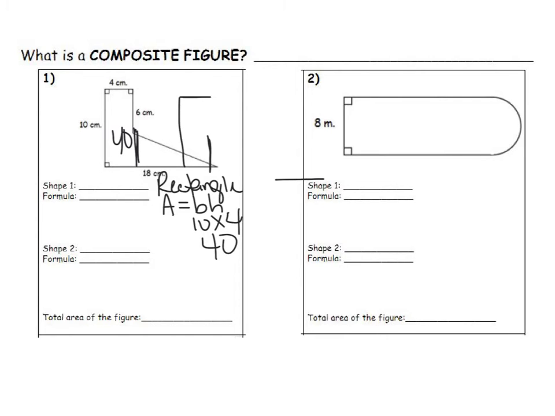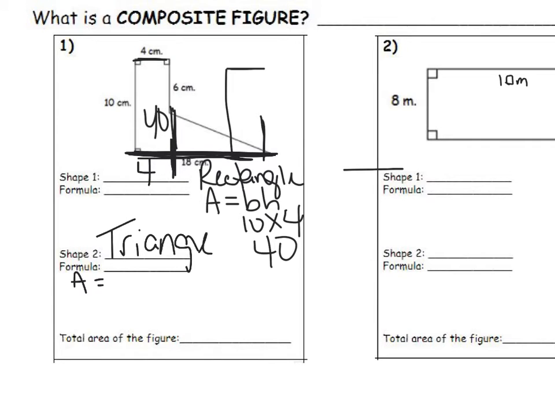Now the triangle, remember, when you look at it, that base that was 18, you cut it, and you took some away. So you have to make sure that you get the exact measurement. If the whole thing was 18, and this was 4 because of the top part, then we subtract that. The area of a triangle is half of base times height.